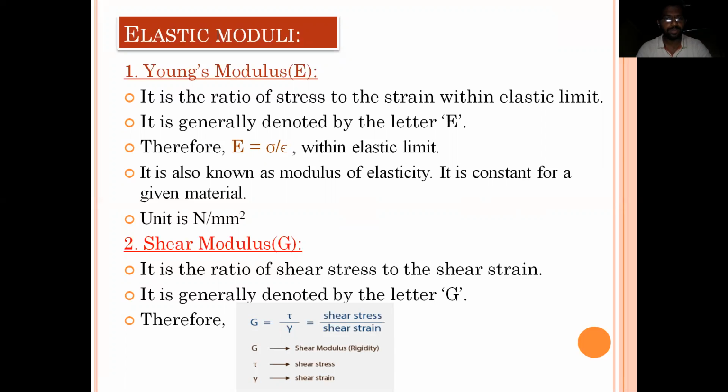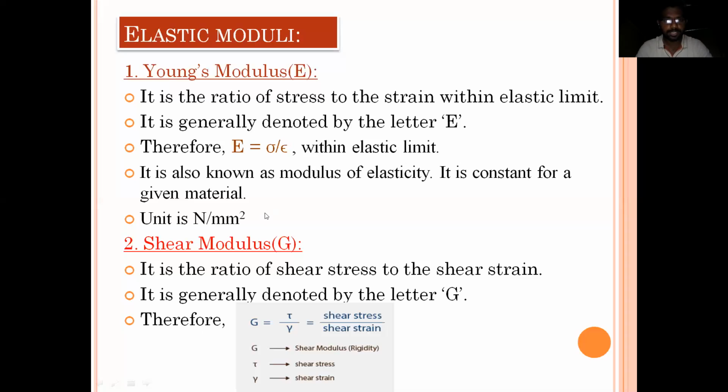The unit of Young's modulus is the same as that of stress, that is Newton per mm square. If you look at the formula, it is stress divided by strain. The unit of stress is Newton per mm square, and the strain is unitless. Therefore, Young's modulus also has the same units as that of stress, that is Newton per mm square.